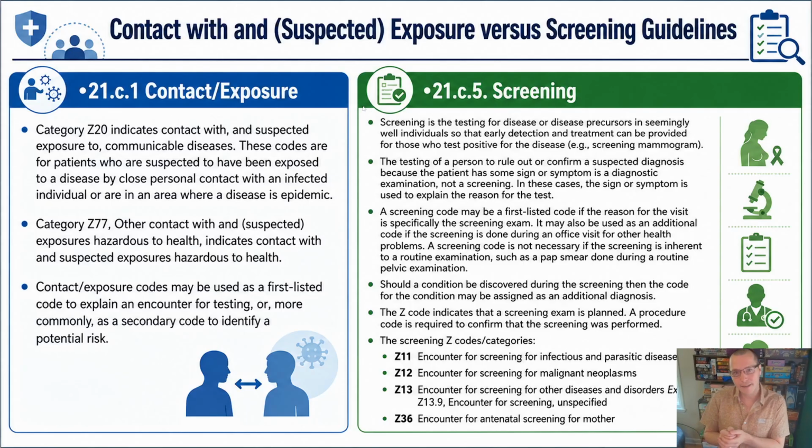The two big guidelines that we have to talk about for this one is just purely 21C.1, the contact and exposure guideline, versus the screening guideline, because this is going to be the one that causes you the denials.